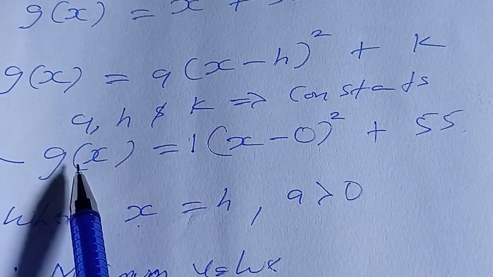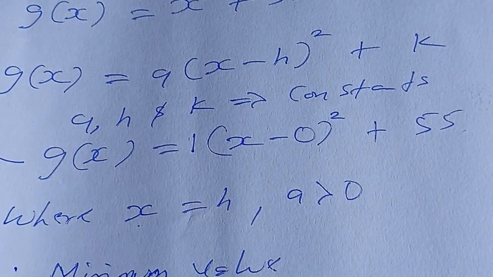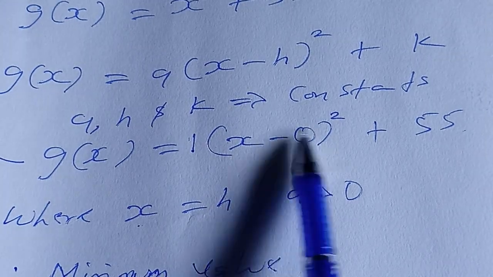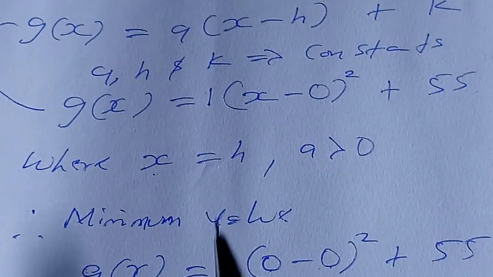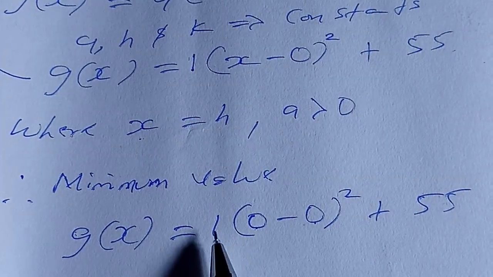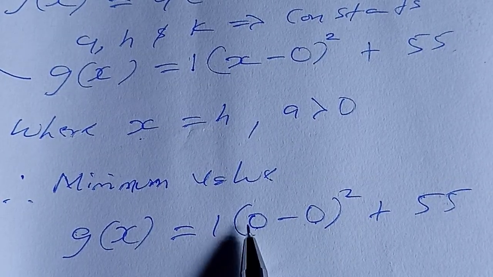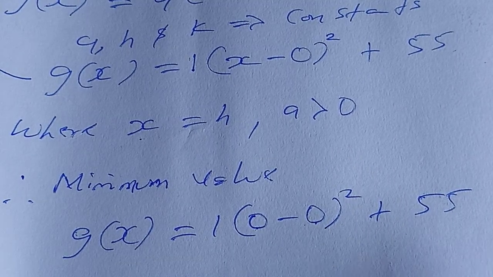From what we wrote out here, we can see that a is 1, already greater than 0, so that condition is met. H was already 0, so for x to be equal to h, x also will be 0. So what we'll do is evaluate this and we'll arrive at the minimum value.